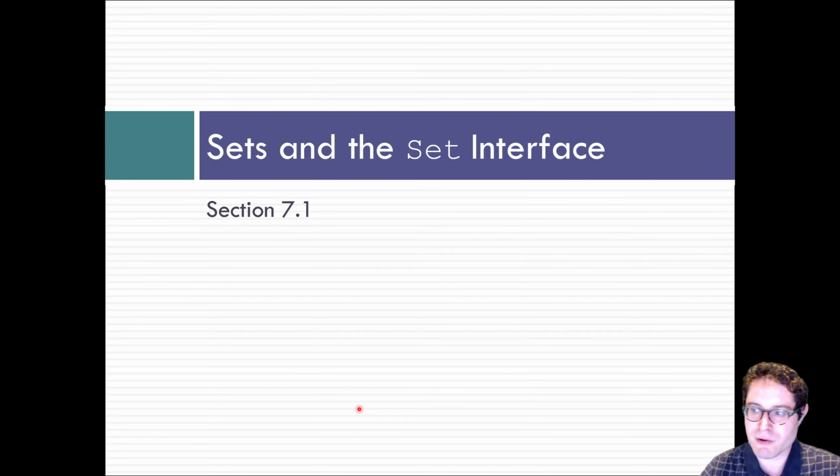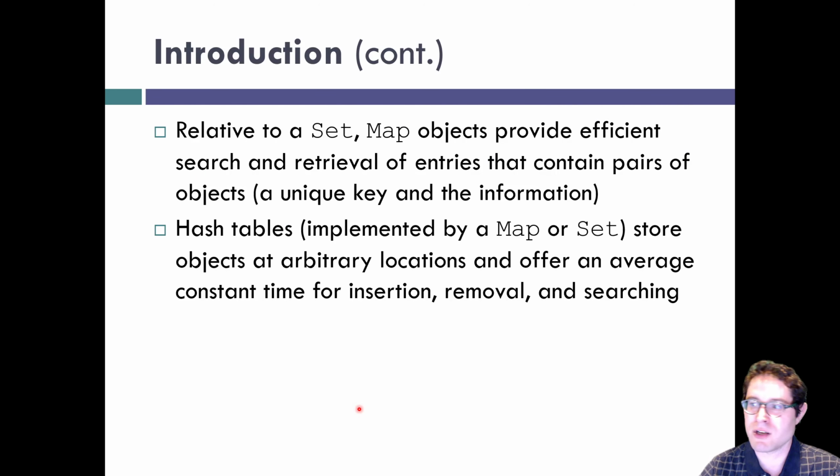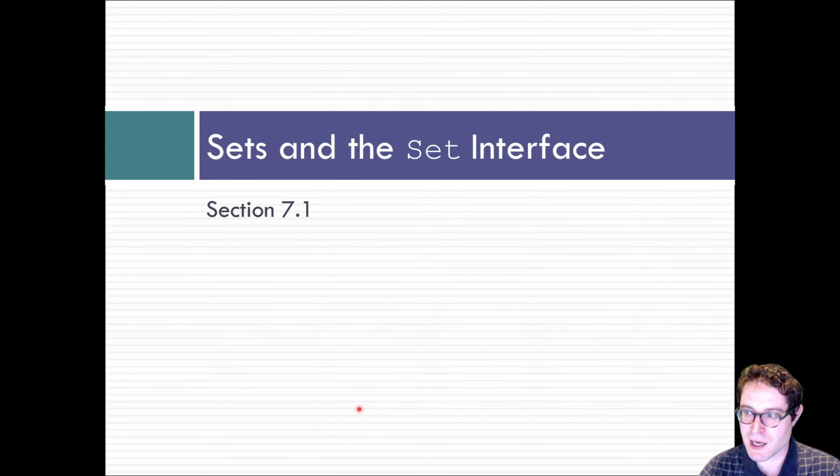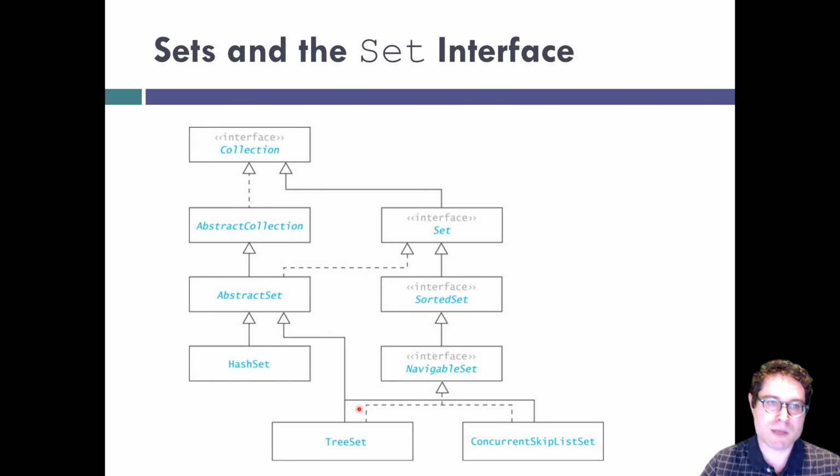So let's go ahead and talk about the set interface first. And then we'll talk about the maps and the map interfaces. So here is the hierarchy. Okay, so we've got our set interface, and then we've got our hash set over here, which is where we're mainly focusing. But it's worthwhile to note that we have this thing over here called sorted set, which is an interface, and navigable set.